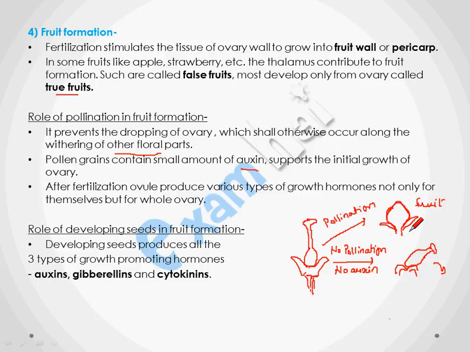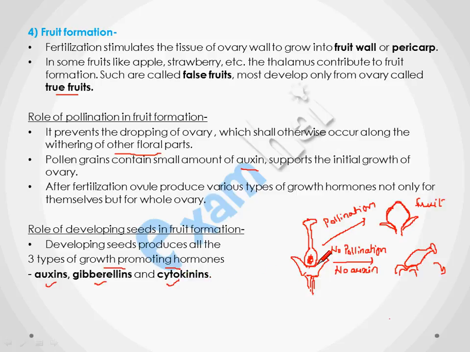Now, the role of the developing seed in fruit formation. After the fertilization, seeds start developing inside the ovary. The developing seed also produces three types of growth promoting hormones: auxin, gibberellin and cytokinin.